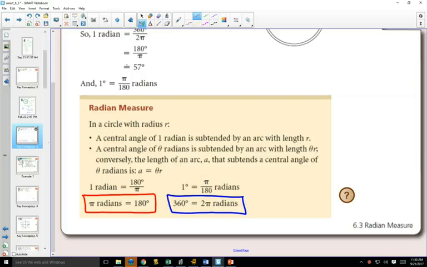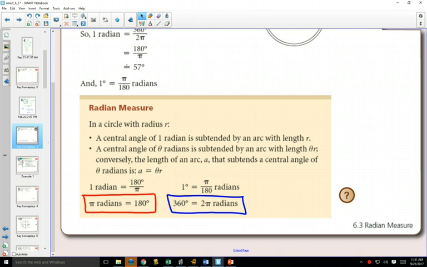If you know 360 is 2 pi, you should be able to figure out 180 is pi. Using proportional reasoning, I cut both of them in half and find the next one. I cut both of them by 180, I figure out what 1 degree is. I cut both of them by pi, I figure out what 1 radian is.